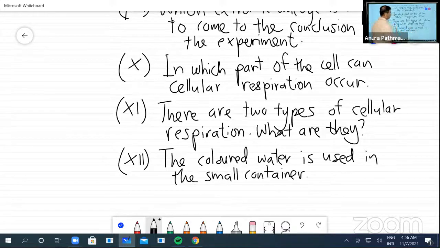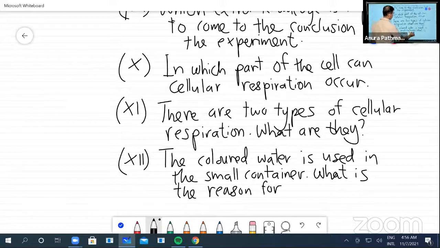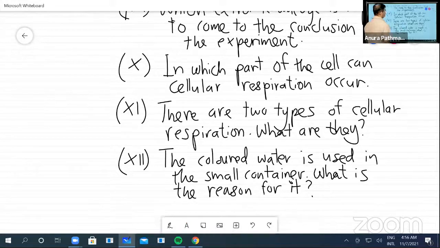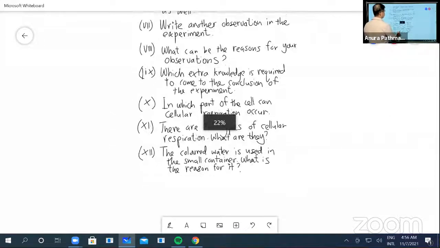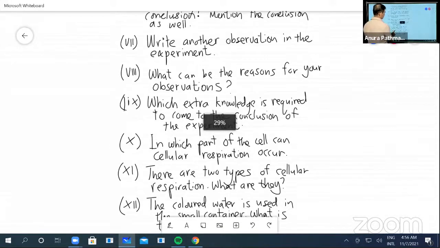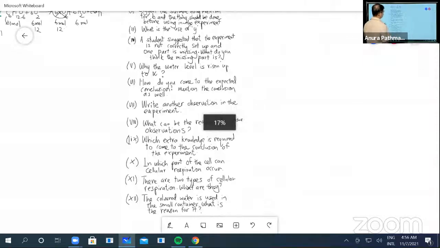What is the reason for it? Right, these are the questions that you can answer by using this setup.